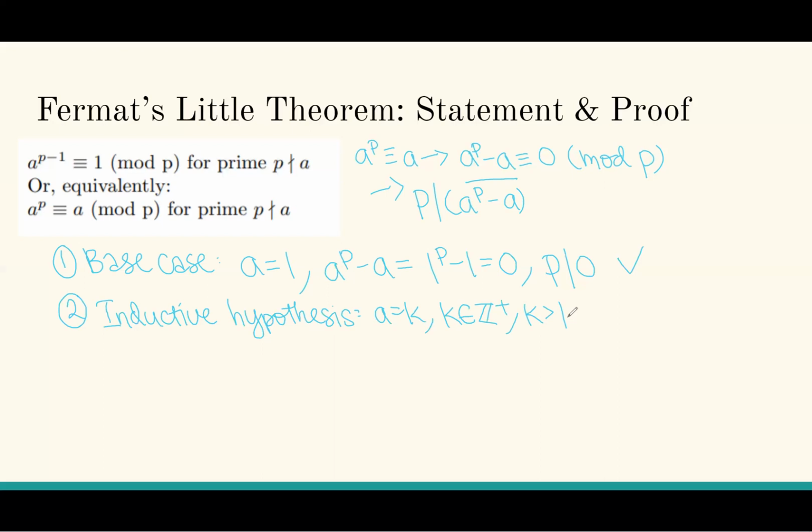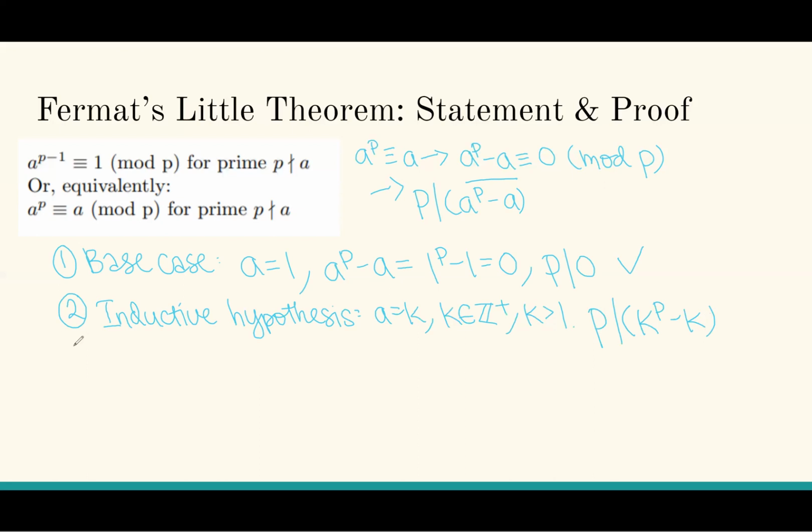Obviously we could prove using induction for all values of k greater than 1, so this is a valid claim, and this is just how induction would work in general. But anyway, our assumption is that p divides k to the p minus k.